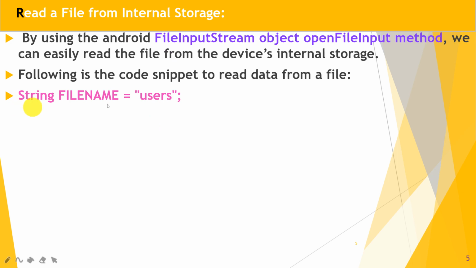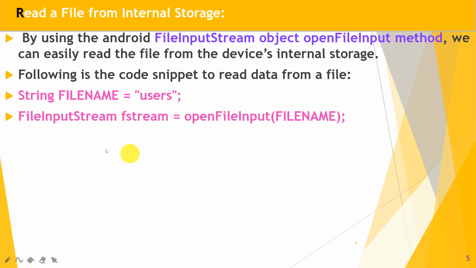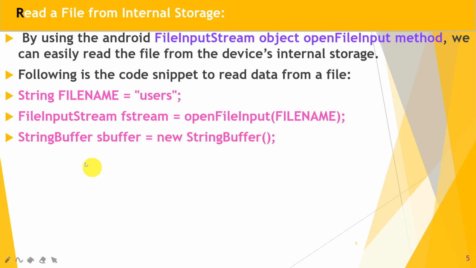Guys, first the name of the file, then create the object of the file input stream using which method? Open file input. So what does the open file input method return? It returns the reference of file input stream. Great. So using this reference we can read the data from the file.